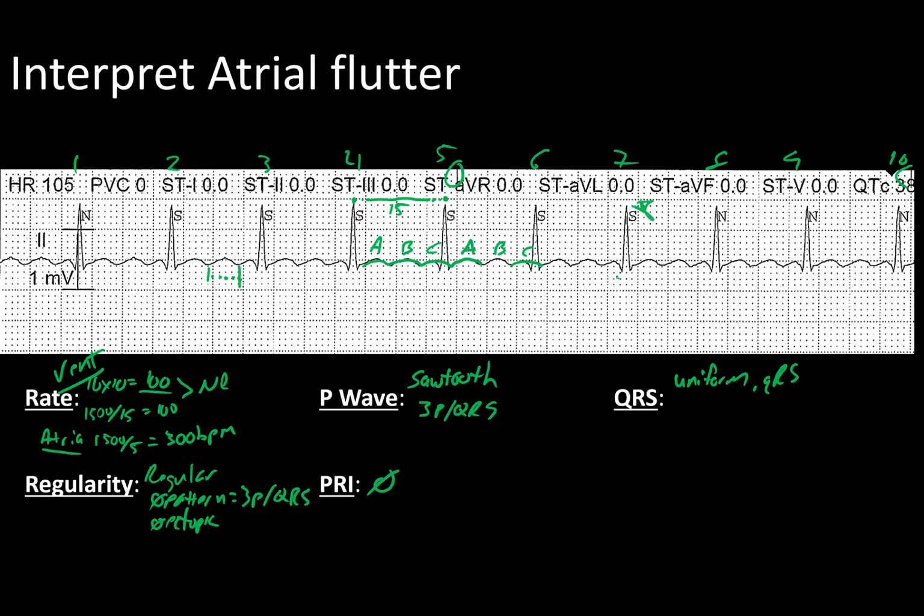And we'll just go ahead and mark this 2.5 or so, 0.10, which again is normal. So with the sawtooth pattern, we figured out the 3 to 1 block. All we have to say is that this is an atrial flutter with 3 to 1 block.